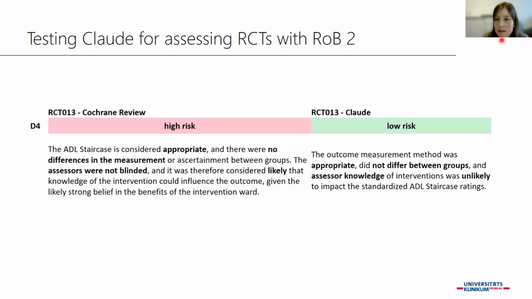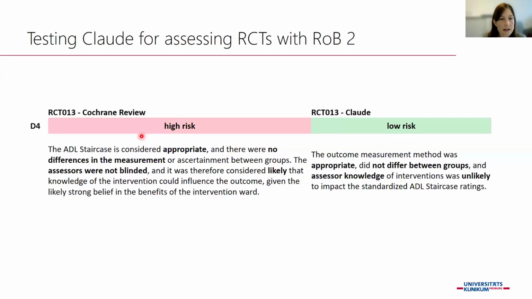And I have a little example here: this is the risk of bias judgment for domain 4 by the Cochrane reviewers and Claude for a randomized controlled trial on acute care of frail elderly patients in a comprehensive geriatric assessment unit, so on a specialized ward. The outcome measure assessed was the ADL staircase, which is a combination of interview and observation to assess difficulties with activities of daily living.